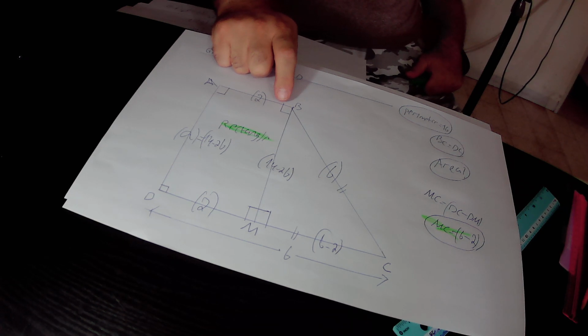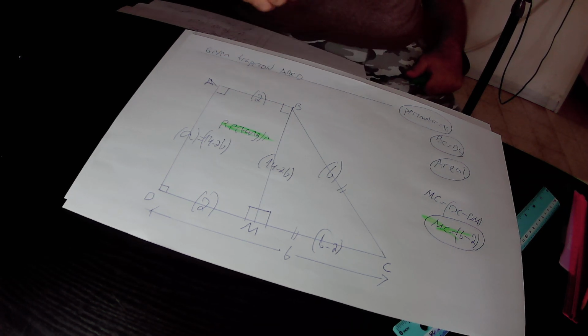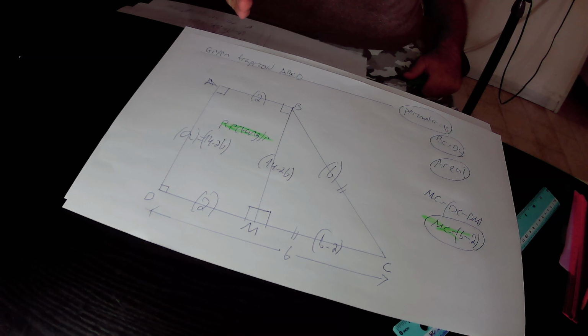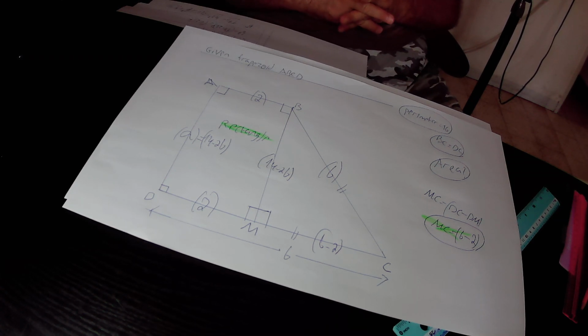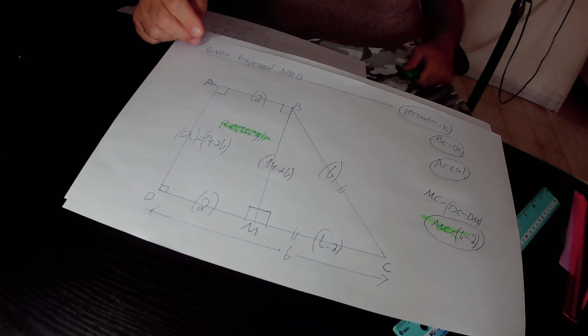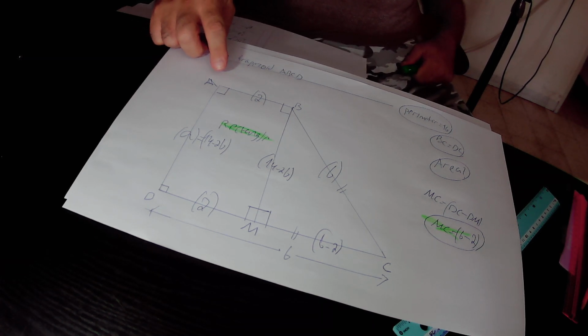Therefore this 4th angle must be 90 degrees. So inside the small quadrilateral ABMD, we have 4 right angles, and any quadrilateral that has 4 right angles must be a rectangle, if not a square. So quadrilateral ABMD is a rectangle because it has 4 right angles.